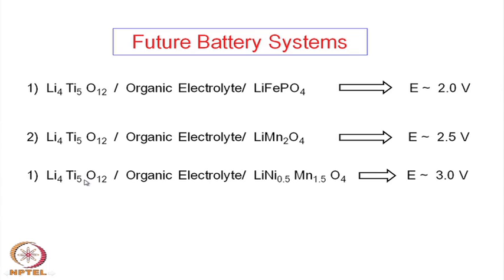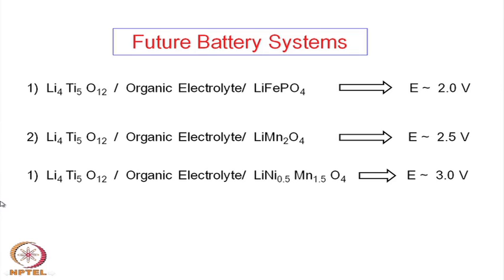As I mentioned, for future applications the main driving force is high power applications. The low power application, the electronics application, is more or less saturated, but it is now the high current or high discharge applications which are of importance.